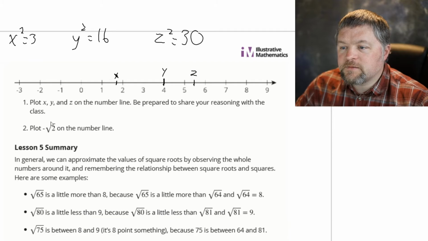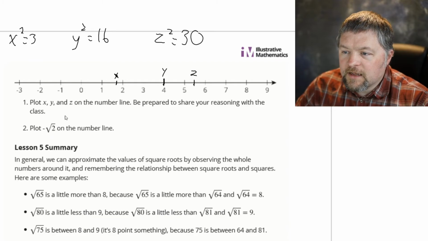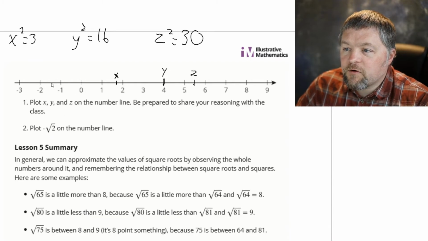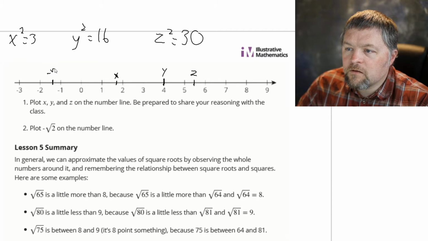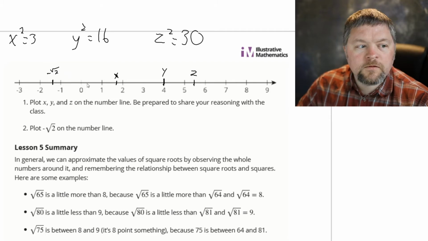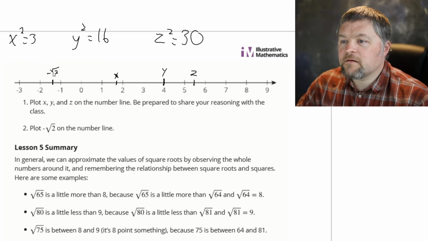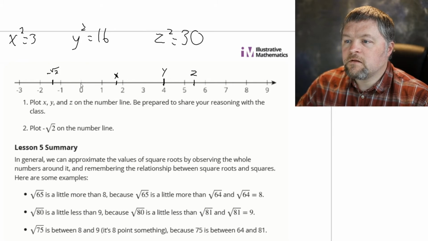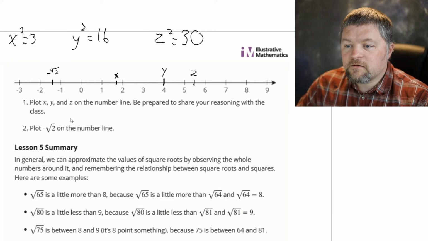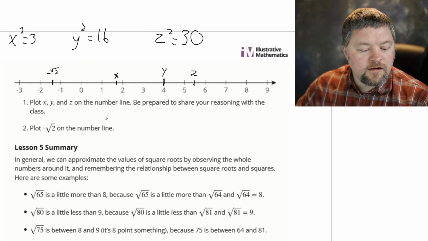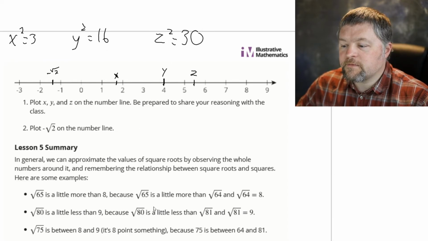So it's approximately 1.4, and that's got a negative sign, so we want approximately negative 1.4. And negative 1.4 would be about there. Okay, so we have plotted all of our values on the number line.